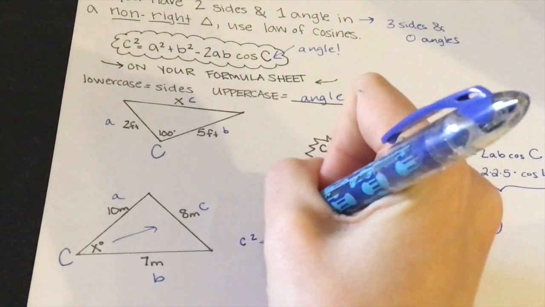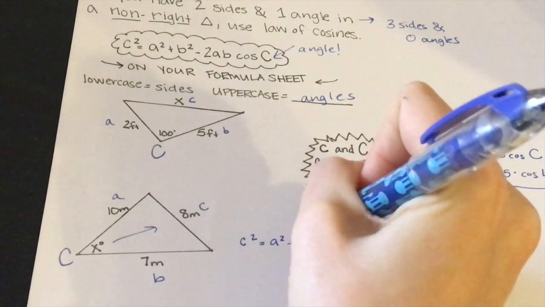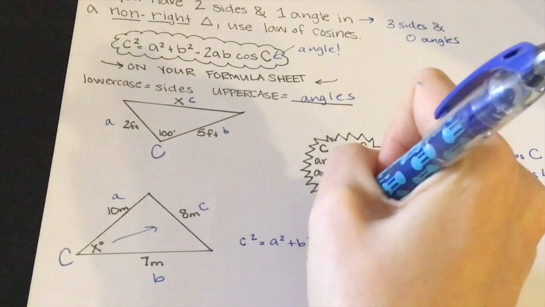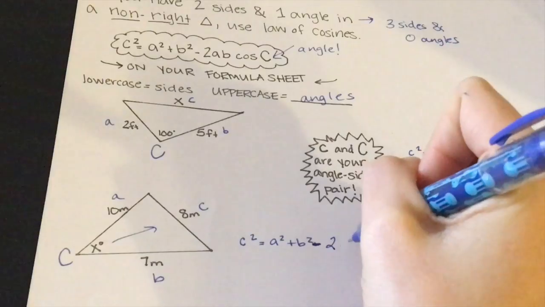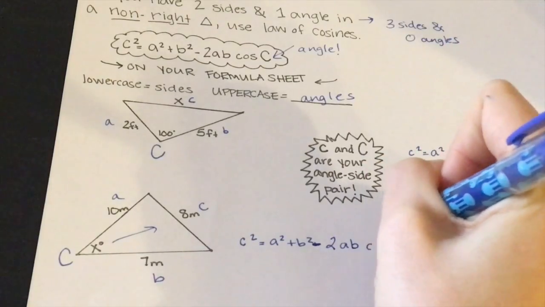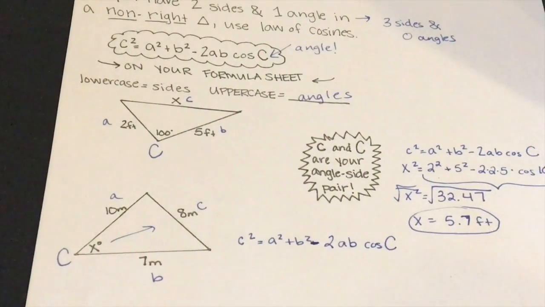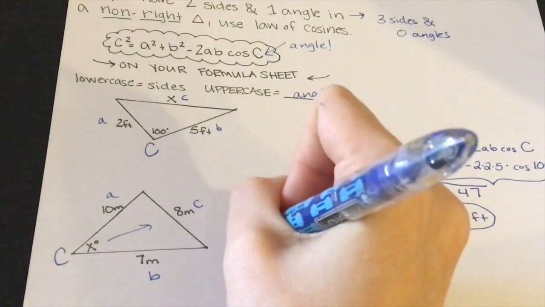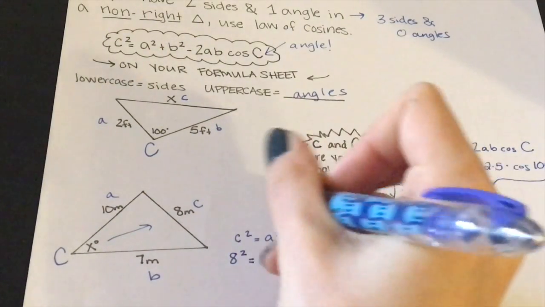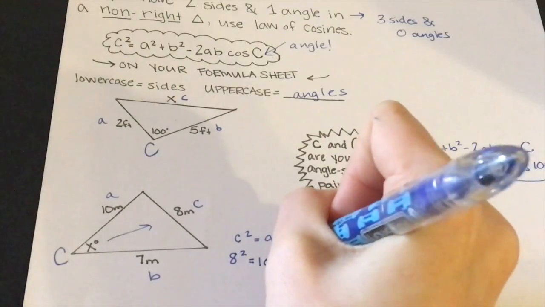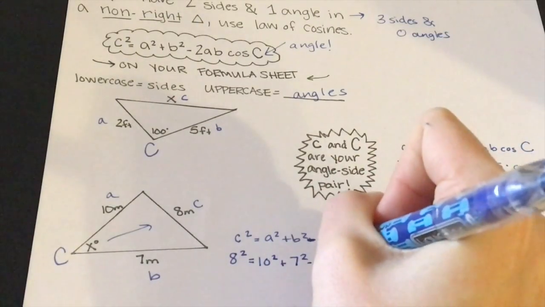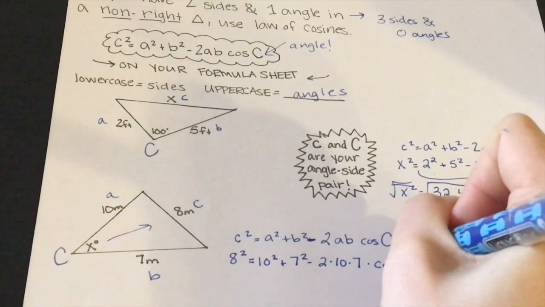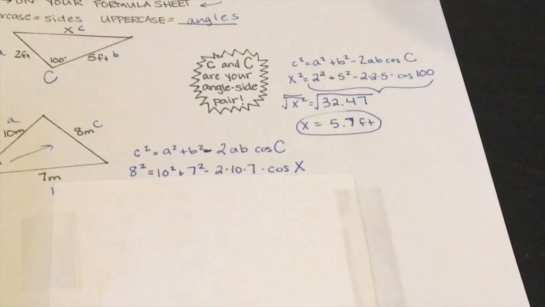Little c squared equals a squared plus b squared plus, just kidding, minus 2ab cosine angle. Alrighty, little c is 8. 8 squared equals 10 squared plus 7 squared minus 2 times 10 times 7 times the cosine of x.